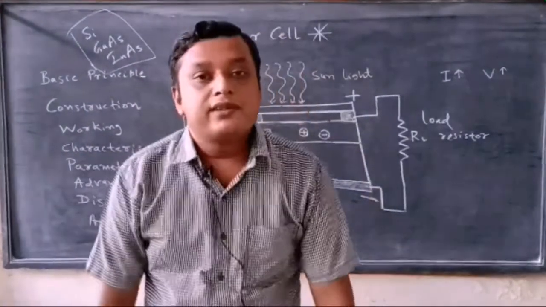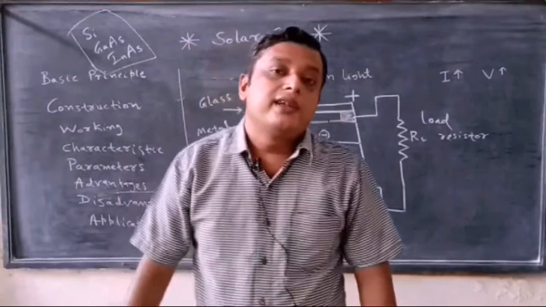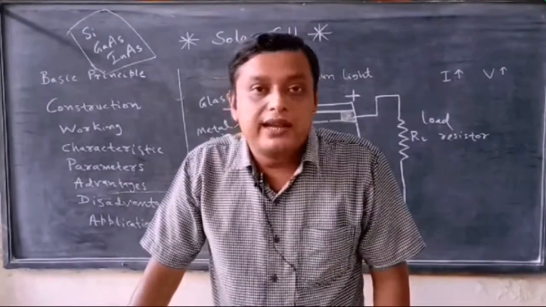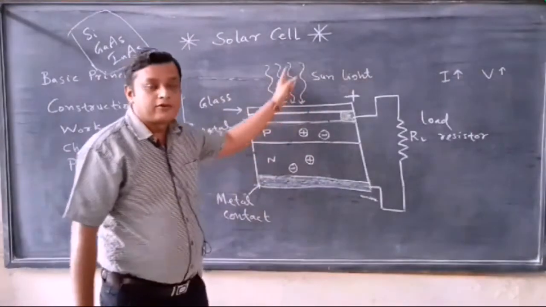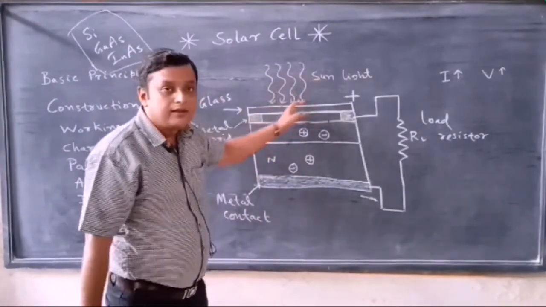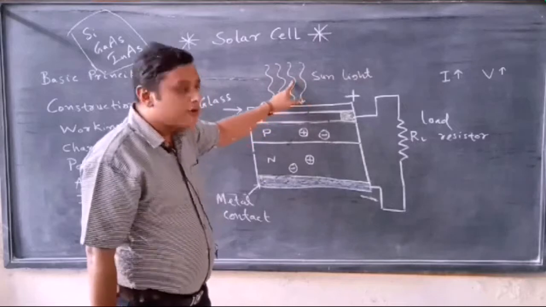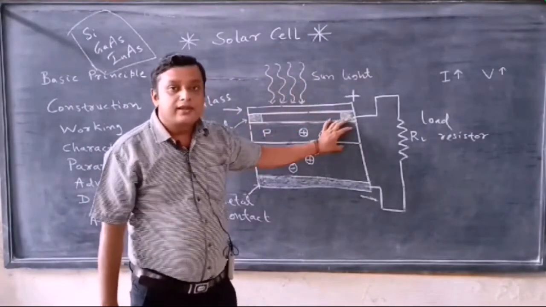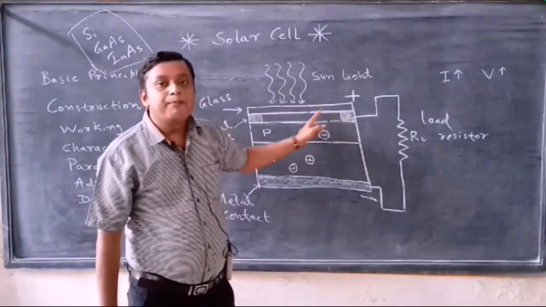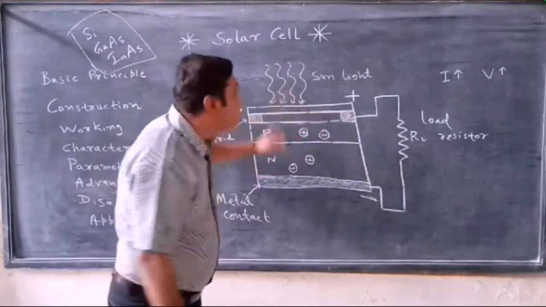We know that solar cells are used to convert light energy to electrical energy. So the working: these are the photons, and these photons are falling onto the solar cell, and particularly on a p-type semiconducting material.